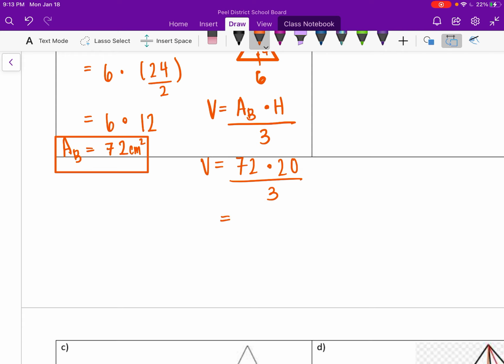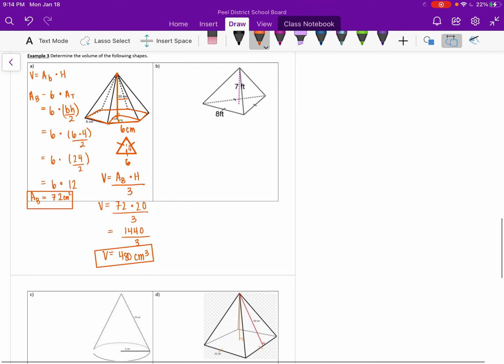So 72 times 20 is 1,440, and then that's going to be divided by 3. That's going to give me 480 centimeters cubed. And that's the volume of my pyramid.